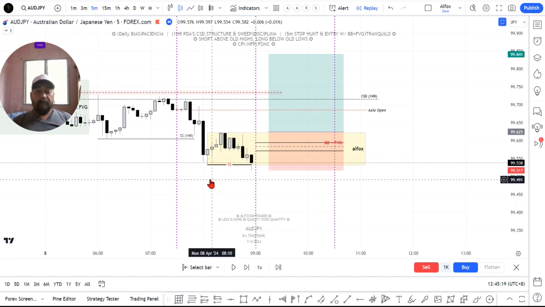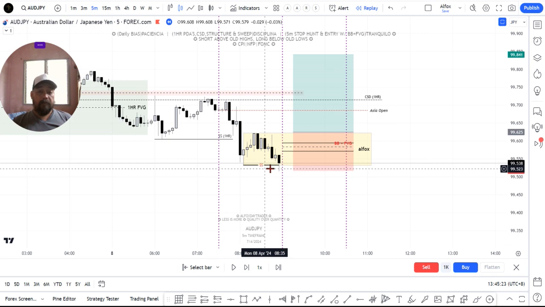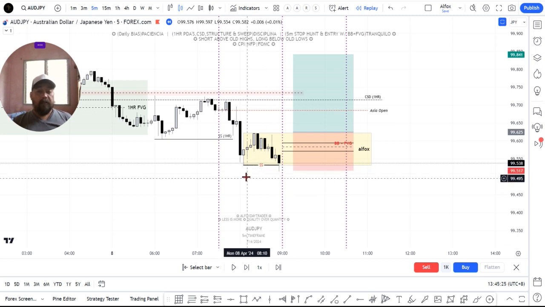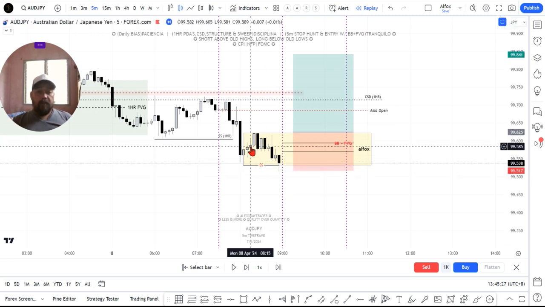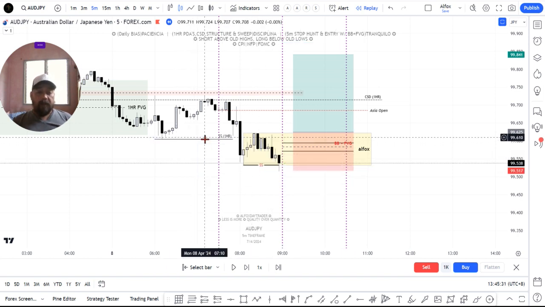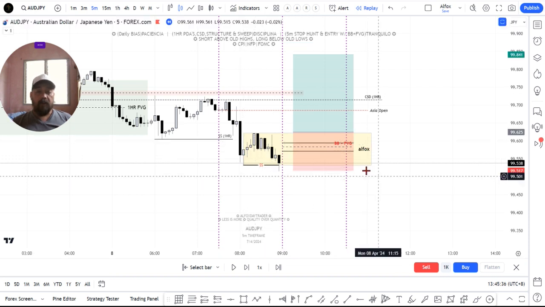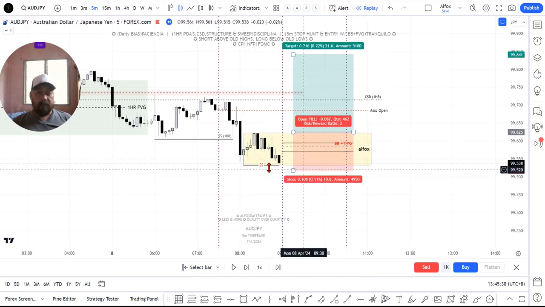As you can see, we now have our lower time frame stop hunt, which is this part. So now we are semi-complete because we have our higher time frame sweep, we have our stop hunt, and we have our breaker block, this yellow box.